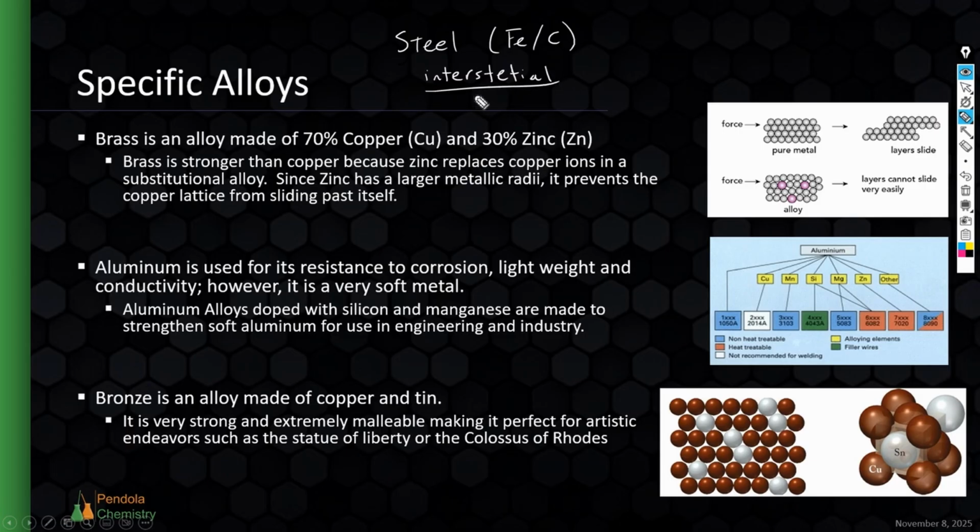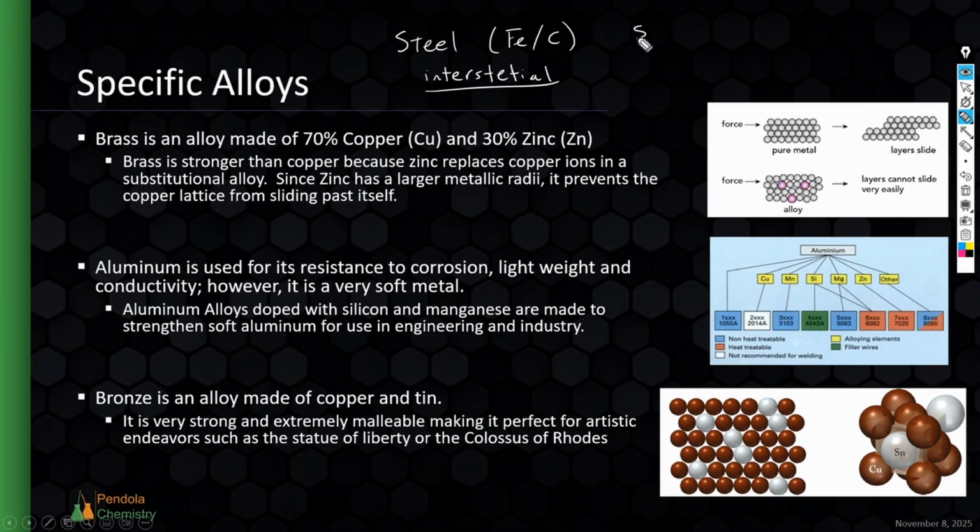Whenever we're asked for an interstitial alloy, steel is usually the most common example, and the carbon in the steel usually makes the iron stronger, and it makes it less likely to rust.